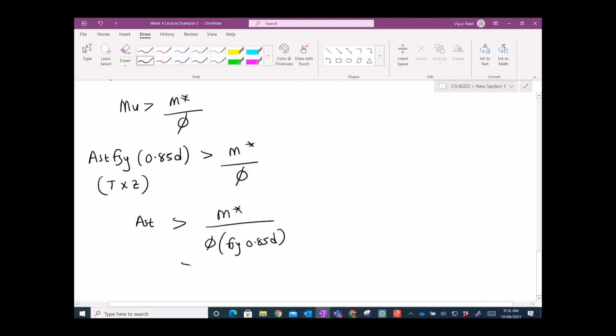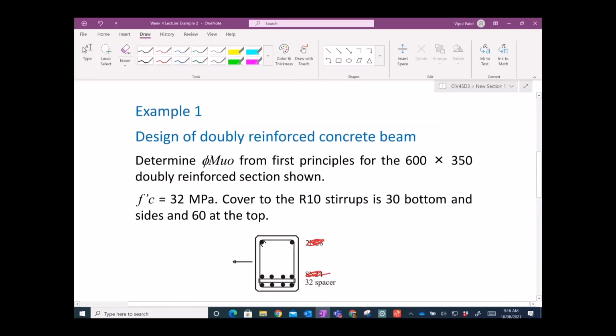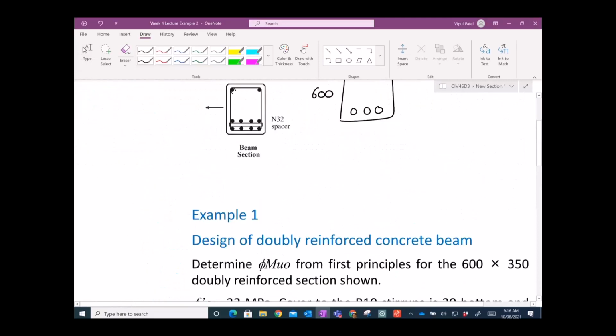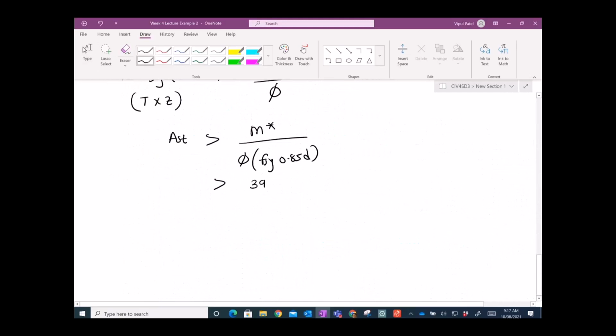What is your M star? M star was given to us. Example number 2, M star was 639. So let's put the 639 times 1000 times 1000, that is Newton millimeters, over phi, which you remember from the tables, 0.85 times 500 megapascals times 0.85.